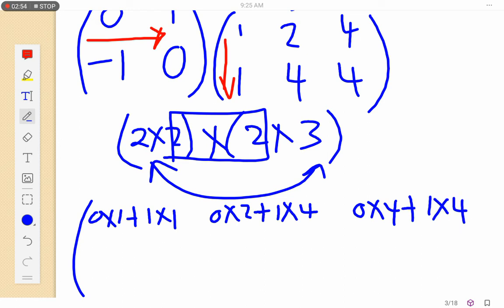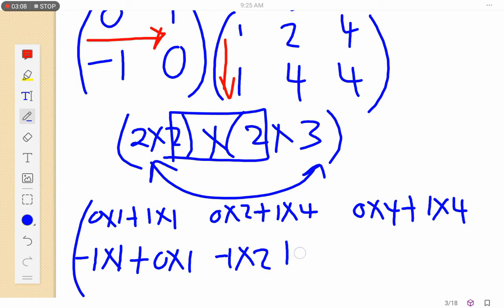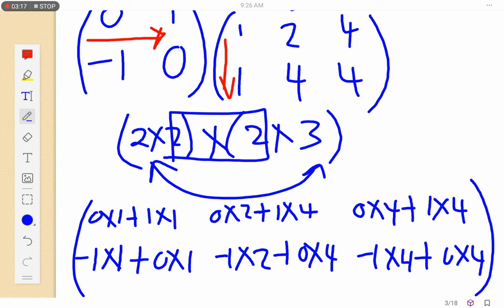Then for the second row, I'll have minus 1 times 1 plus 0 times 1, minus 1 times 2 plus 0 times 4. Then lastly, minus 1 times 4 plus 0 times 4. So this is how we do the row by column multiplication.